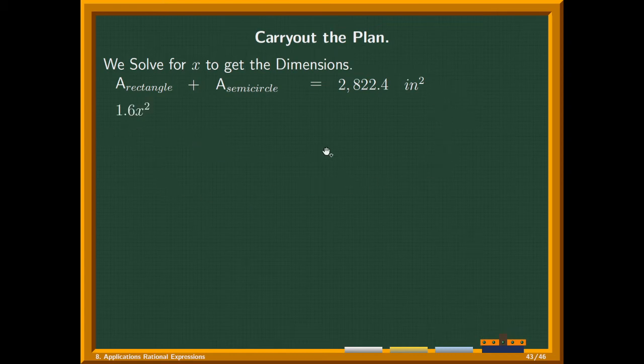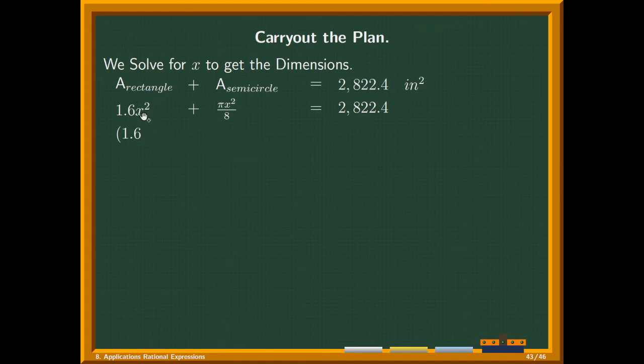So that is 1.6x squared plus pi over 8 x squared is equal to 2,822.4 square inches. So take note, the two areas, rectangle and semicircle, have a unit of square inches.